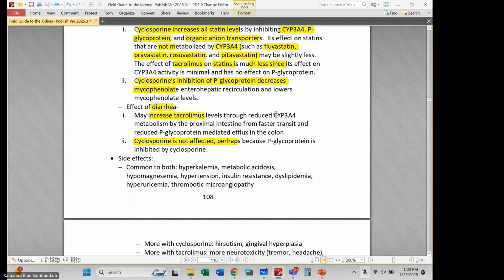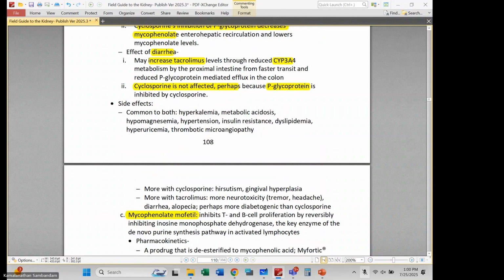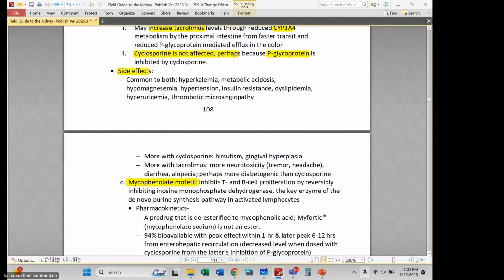I've highlighted some of this mechanism that involves enterocyte metabolism of the tacrolimus through the CYP3A4 system, and also some P-glycoprotein expression that differs from the proximal small bowel to the distal small bowel. Okay, so I won't get deep into that, but if you want to, you can think about that on your own. I've given you some information there.